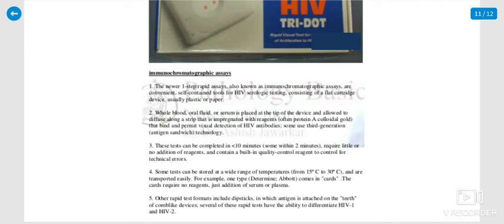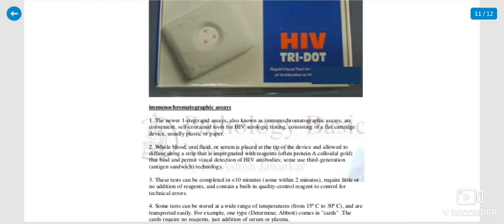Several of these rapid tests have the ability to differentiate HIV-1 and HIV-2.